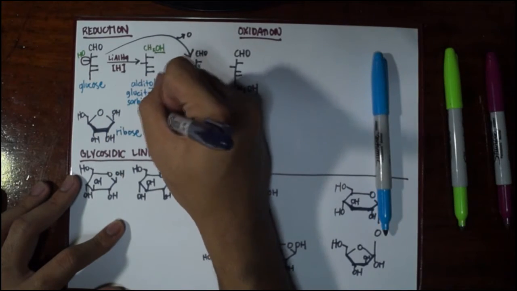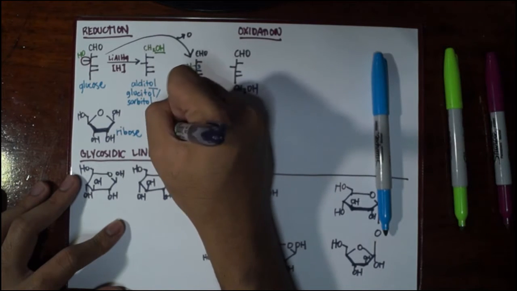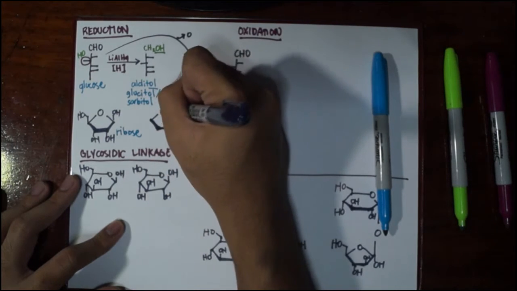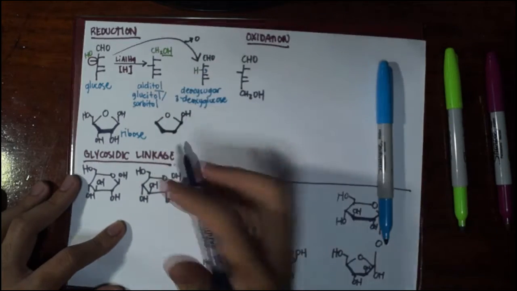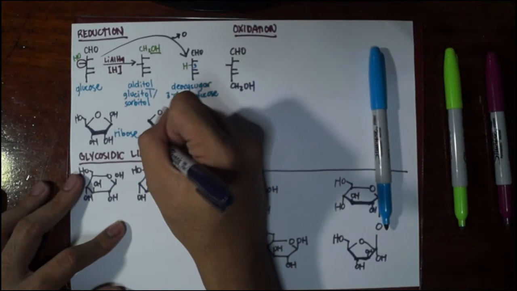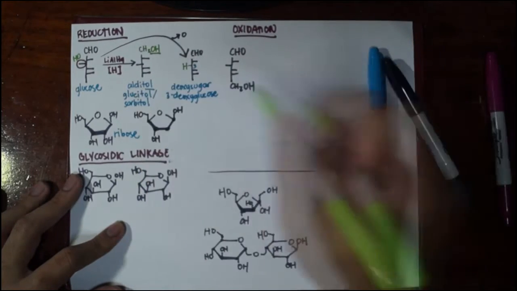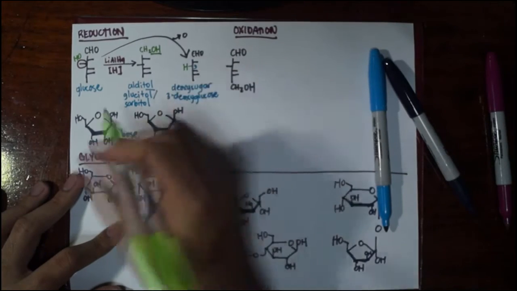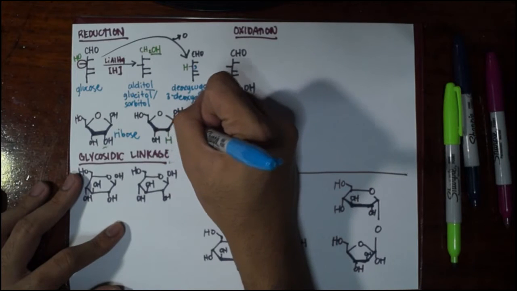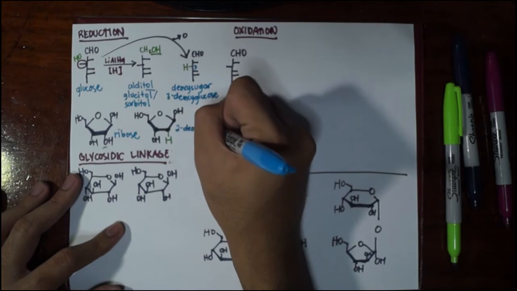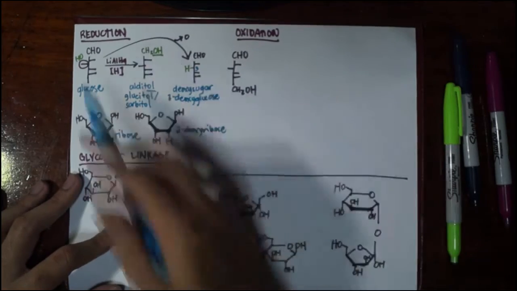If you target one hydroxyl group there, particularly at carbon number 2, this is carbon number 1, this is carbon number 2, so this is our target, then 3, 4, carbon number 5. We target carbon number 2 and we remove the oxygen here. We come up with 2-deoxyribose, the deoxy sugar present in DNA. Alright, so that's it for reduction.